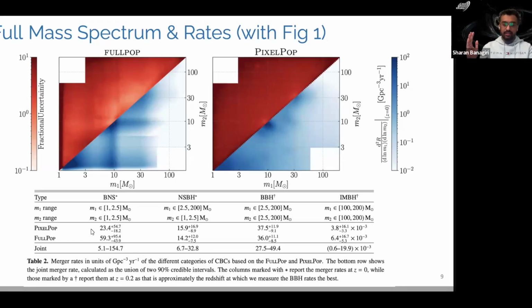So this is the rate combining the constraints from both of the two models that we have, which are PixelPop and FullPop. The corresponding merger rate densities for neutron star black holes is between 6.7 and 32.8, and for binary black hole mergers, it's between 27.5 and 49.5, roughly speaking.